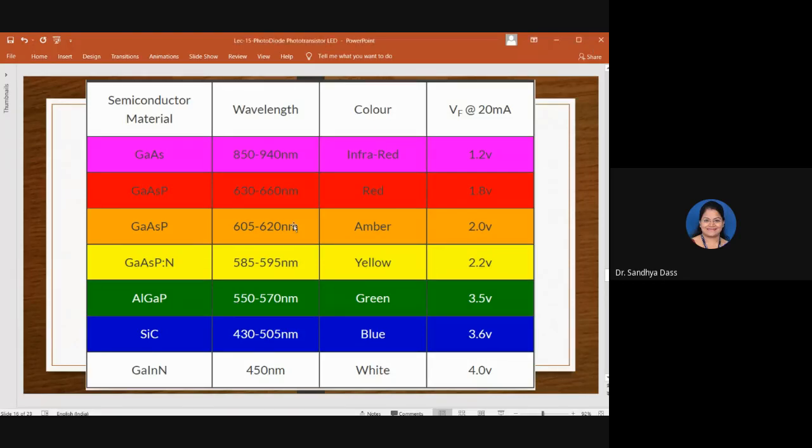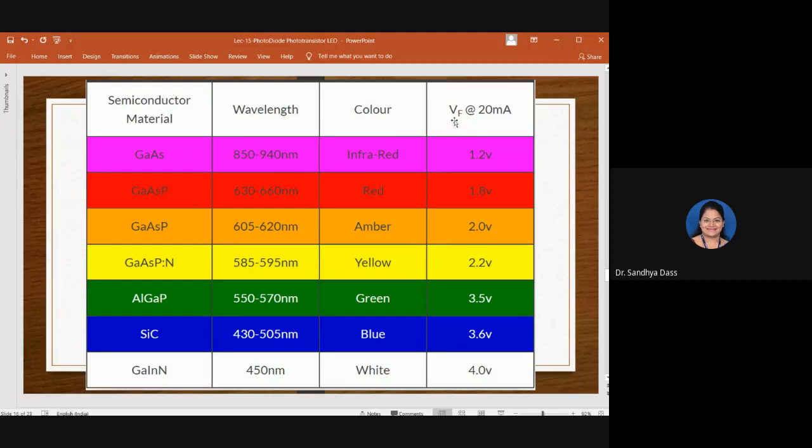So the table you have here is just an indication and information to you. With the different semiconductor materials used in different ratios, the color and the wavelength of the output can be got from such materials when subjected to the forward voltage mentioned here in the table, just for your information.